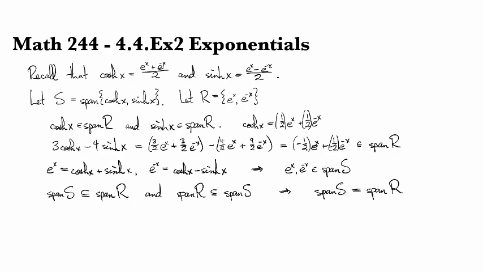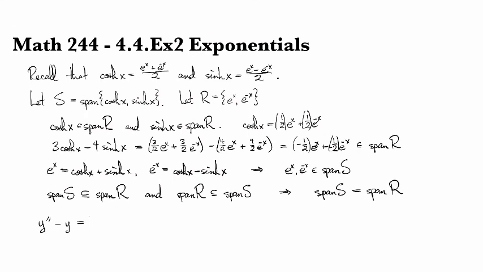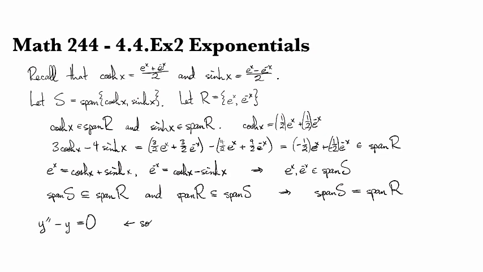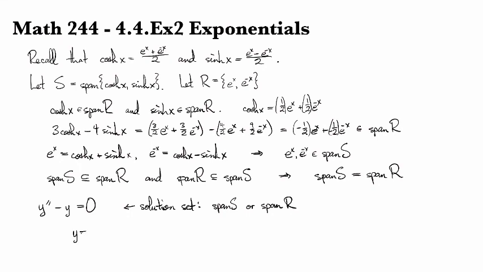This means, for example, that if you're given a differential equation like y double prime minus y equals 0, then the solution set can be written equally well as span S or as span R, because y equals c1 cosh x plus c2 sinh x is one way to express the general solution, but equally valid is y equals c1 e to the x plus c2 e to the negative x.